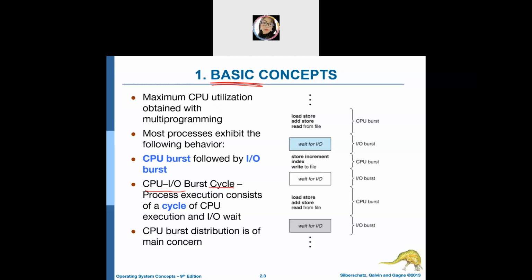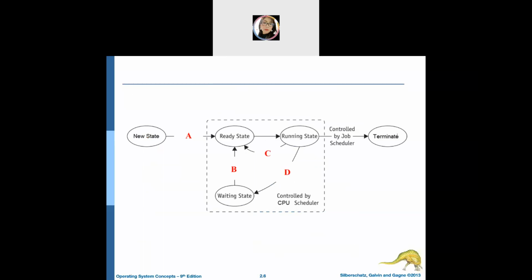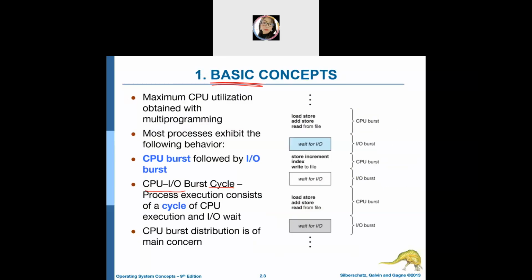Later on in your scheduling you're going to have a process, especially in our 5-state model. But before you go deeper, you need to know about the CPU and input output bursts. Mostly you're going to have the CPU burst first, followed by the input output burst, so maximum CPU utilization is obtained with multiprogramming.